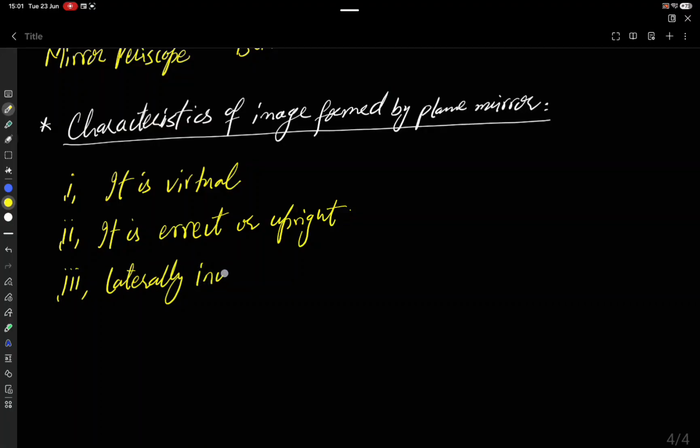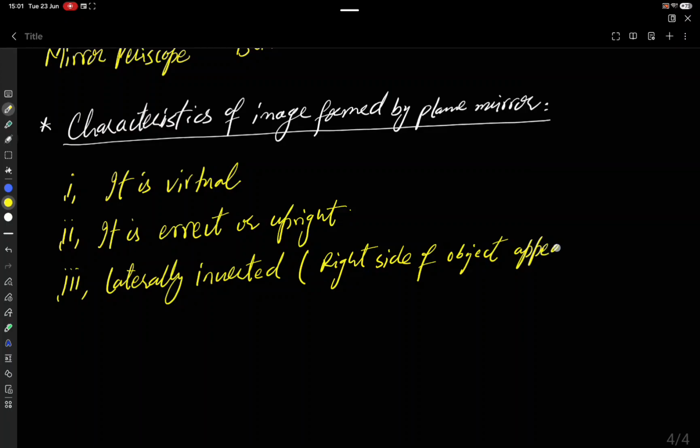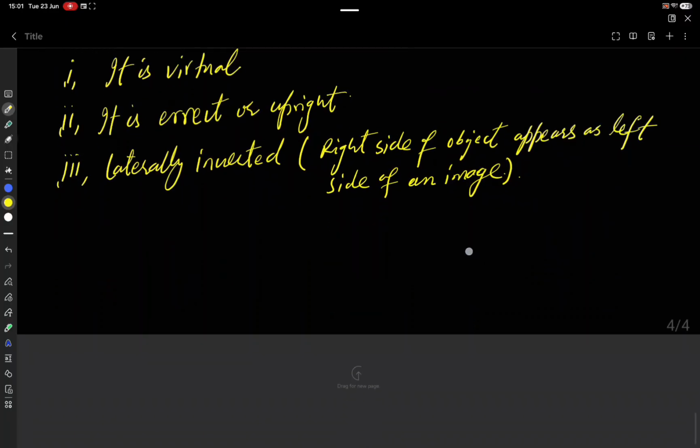Laterally inverted: the right side of the object appears as the left side of the image, and the left side of the object appears as the right side of the image.